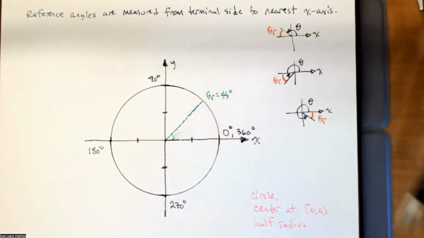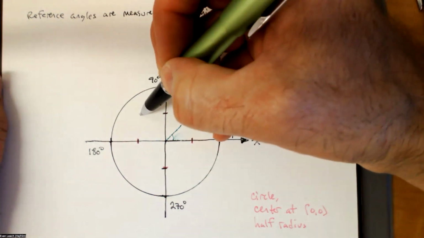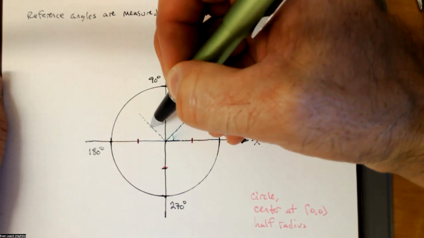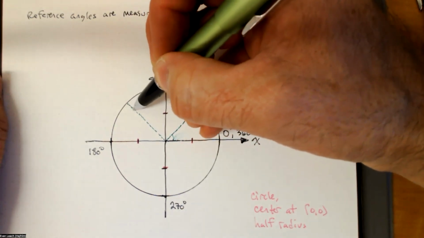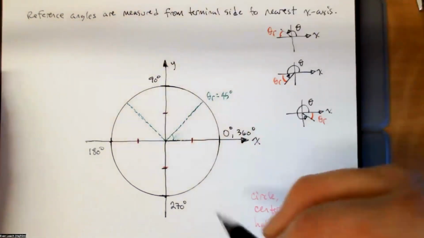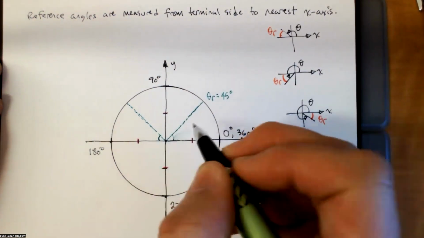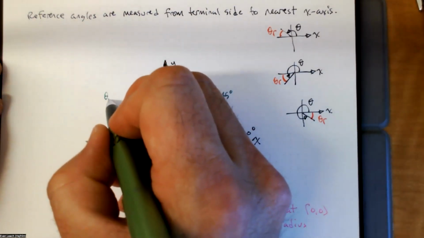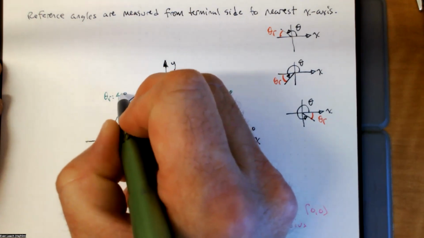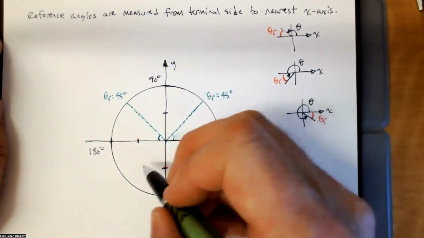Let's draw that. So 45 degrees in the second quadrant. There is a 45-degree reference angle. There's one in the third quadrant.